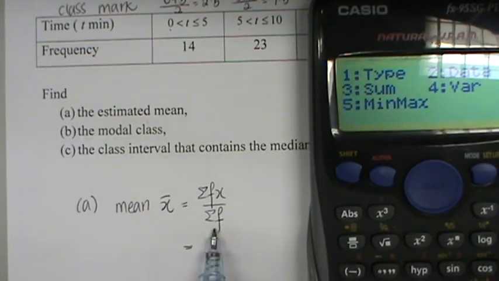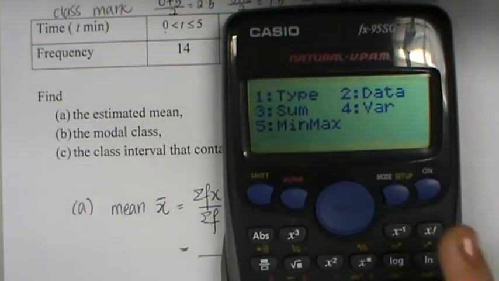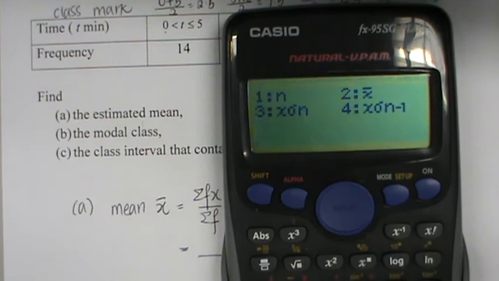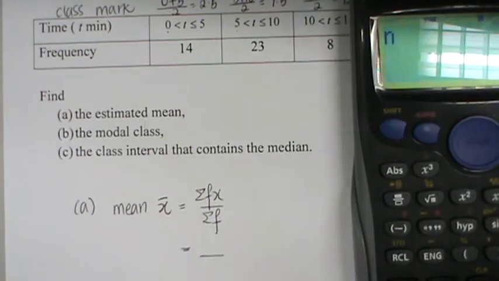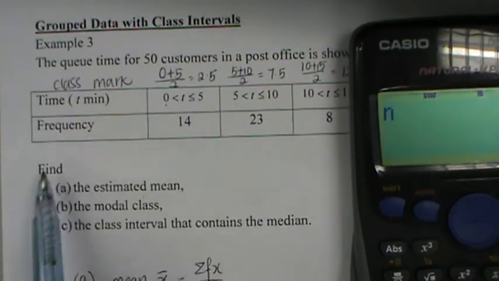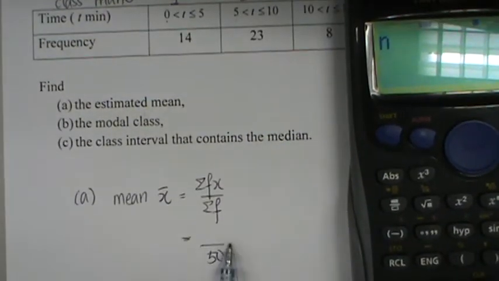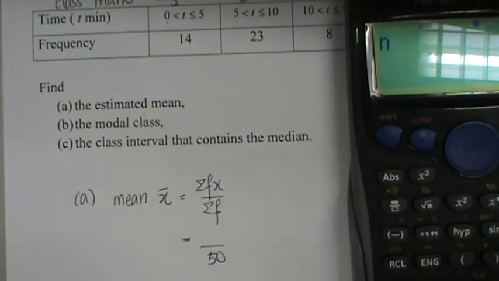In order to look for our total frequency, it will be under 4 and 1 as the total number, equal, that gives me 50. Is this correct? Let's check with our question. The queue time for 50 customers. That means we have entered the correct number of data.